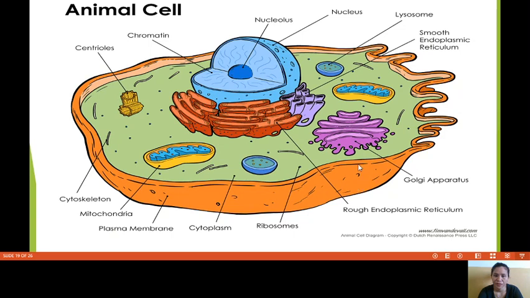Alright, so again, don't be confused by this one, and this one. Those blues are your ribosomes, but the large green part is your cytoplasm.